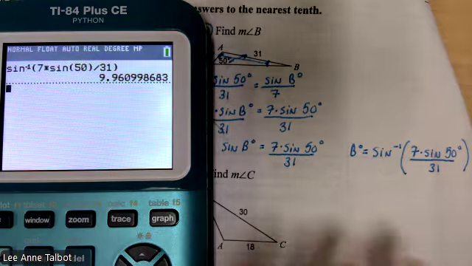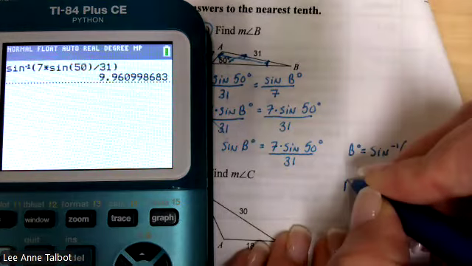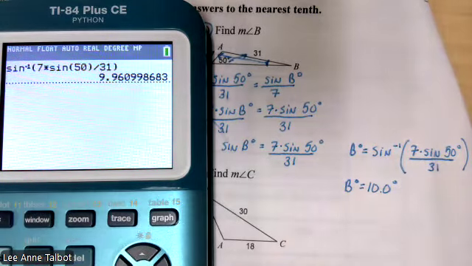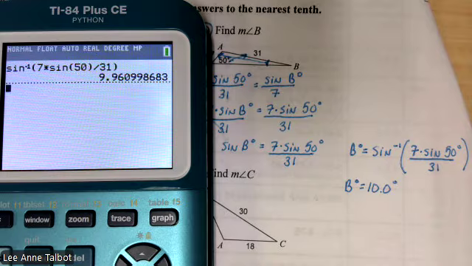It says round to the nearest tenth, so I'm going to say 10.0 degrees. Does that look right to you guys? Anybody else get the same thing as me? Okay.